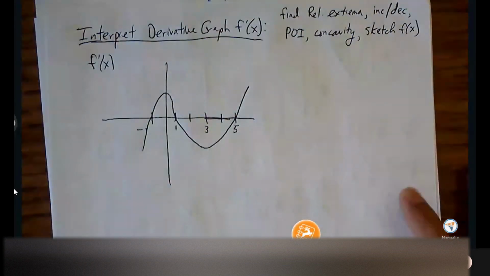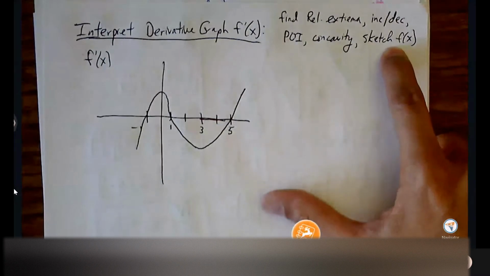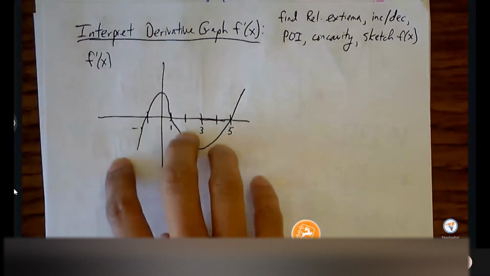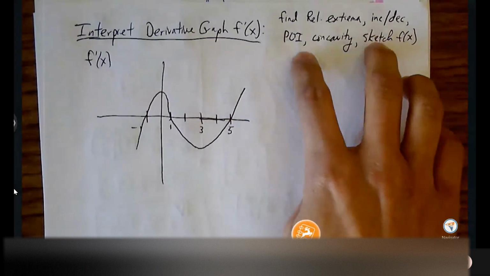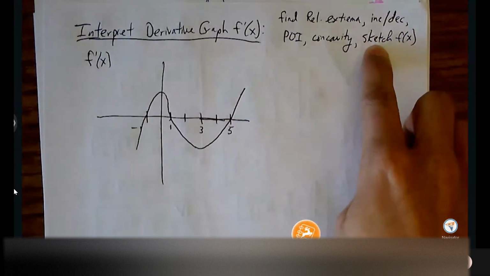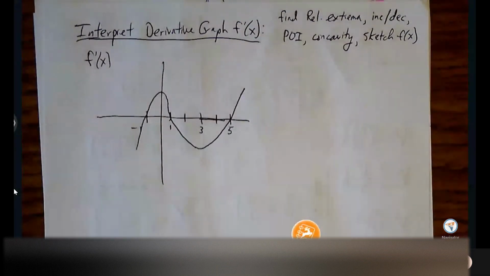So you may need to do this. On the exam, at most you may have the f prime graph and be asked for information regarding max, min, increase, decrease, or you have to match it with the appropriate f of x graph. But we're going to treat it as if it's an open response and see all the steps that can go into getting to our answer.